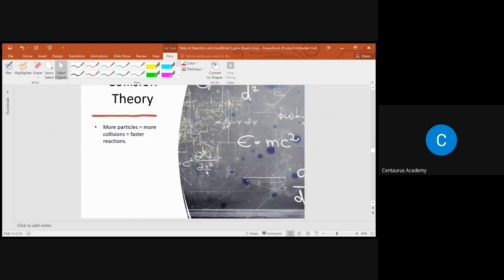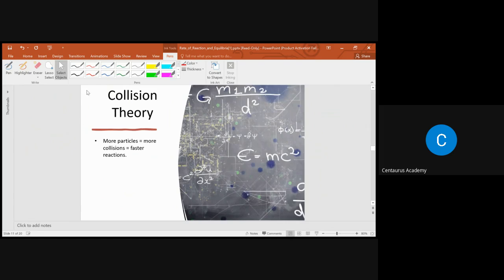You can also look into the collision theory, because your exam questions refer to the collision theory. Whenever you are asked to describe a particular factor, you have to describe it in terms of particle collision theory. Usually the questions the examiner gives are at least 2 to 3 marks, or a maximum of 4 marks.